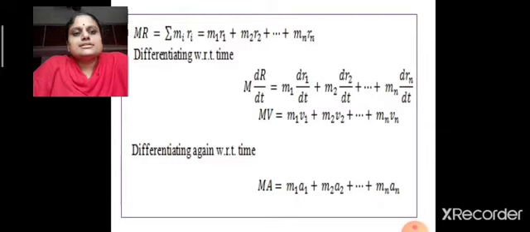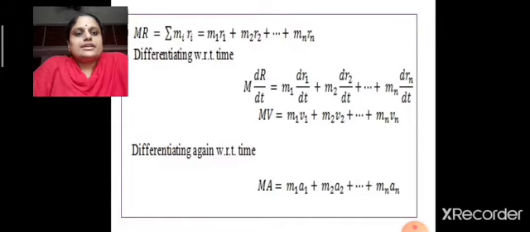Here, since masses are constants, we can take them outside the differential sign. dr by dt is the rate of change of position, which is replaced by capital V, where capital V represents the velocity of the center of mass. dr1 by dt is replaced by V1, where V1 represents the velocity of the first particle. Similarly, dr2 by dt is V2 and drn by dt is Vn.